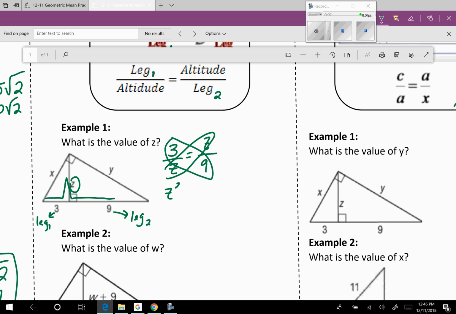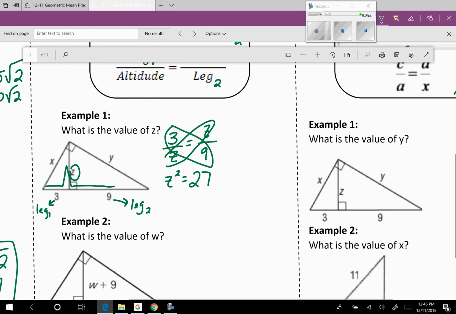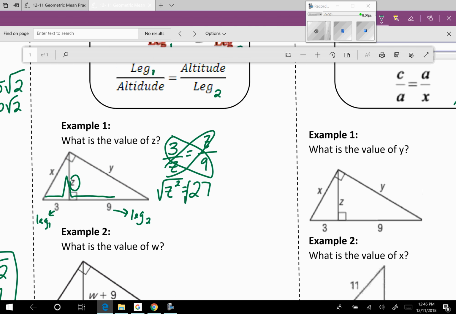So z squared is equal to 27 because that's 9 times 3. So take the square roots. So z is equal to the square root of 27. And so if you factor 27, you get 3 cubed, which is 3 times 3 times 3. There's only one pair of 3's. So one 3 gets pulled out, the lone one stays in.